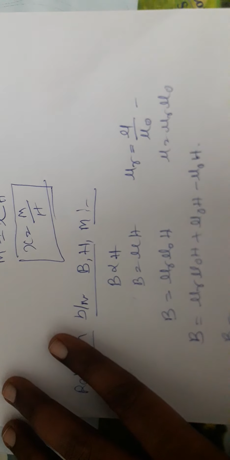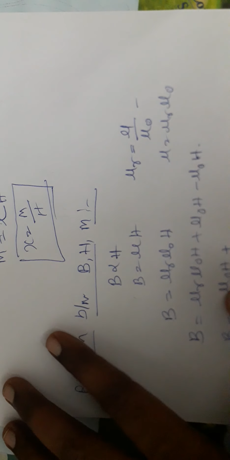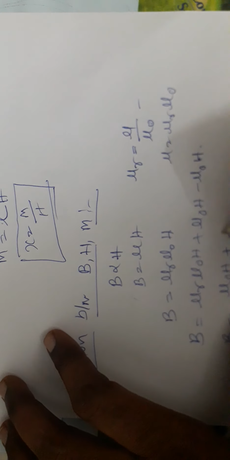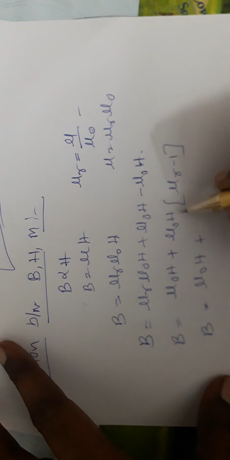Now B is equal to mu r mu naught into H. Now we add and subtract mu naught H in the above equation: mu r mu naught H plus mu naught H minus mu naught H. So B is equal to mu naught H plus this term. Mu naught H is common, so mu r minus 1.